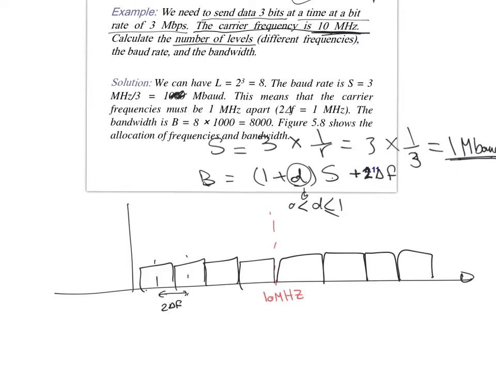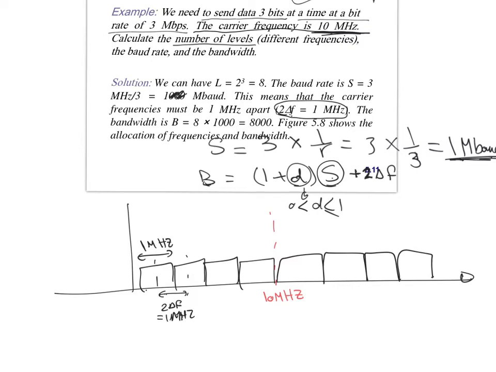Here, if we calculate, 2 delta F is actually 1 megahertz, and S is 1 megabaud, which means that the bandwidth for one symbol is also 1 megahertz. So the 2 delta F is 1 megahertz, which is the minimum separation between the two symbols. So each of these symbols is 1 megahertz.